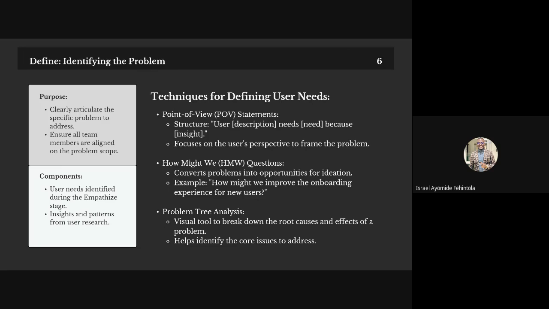So after you draft the point of view question statement or the how might we question, or you treat it as a problem tree, identify the root cause and the branches. By mapping out these elements, you can better understand the core issues you need to tackle. This analysis helps make sure that you are addressing the right problem, not just the symptoms, but the actual root cause of the problem.